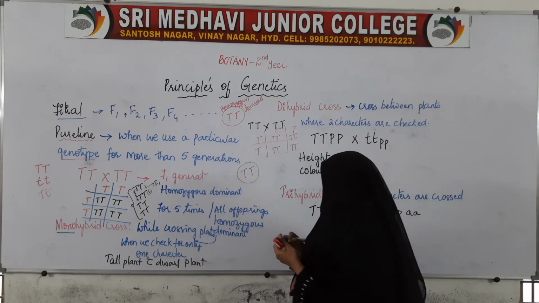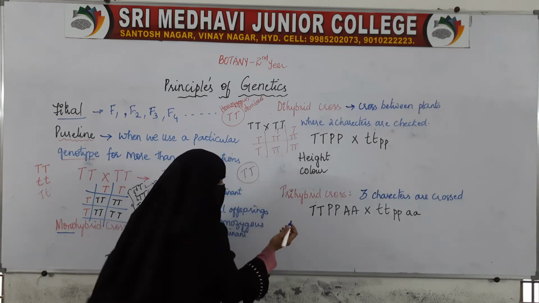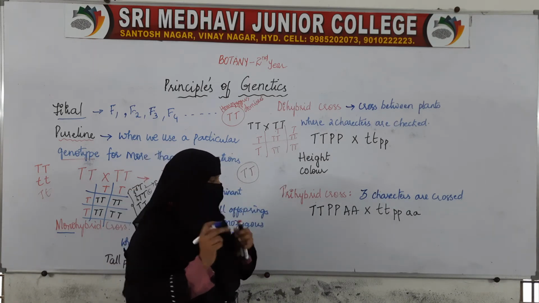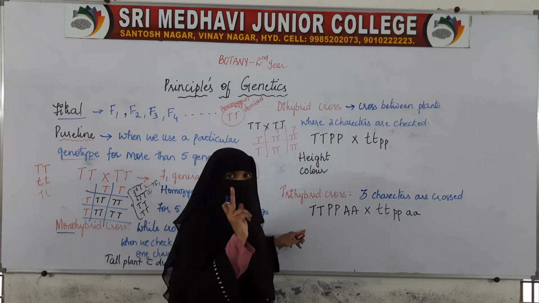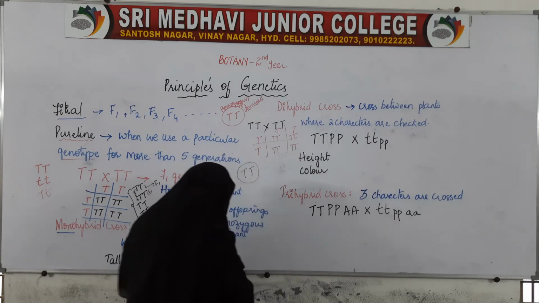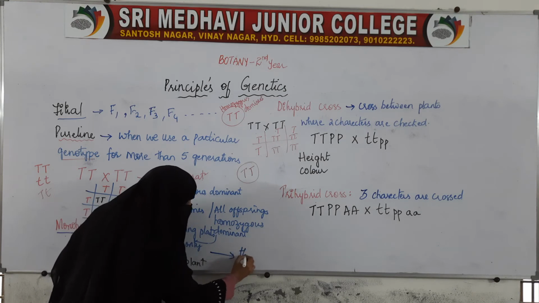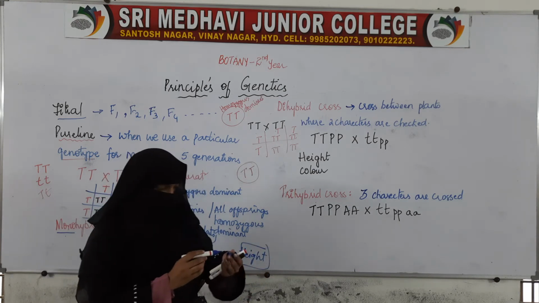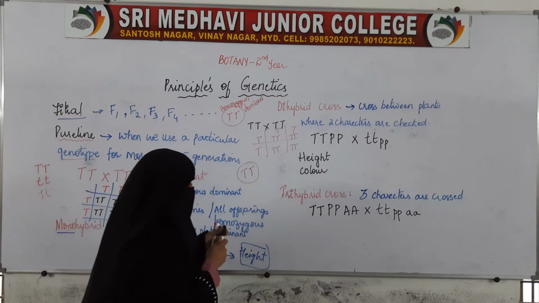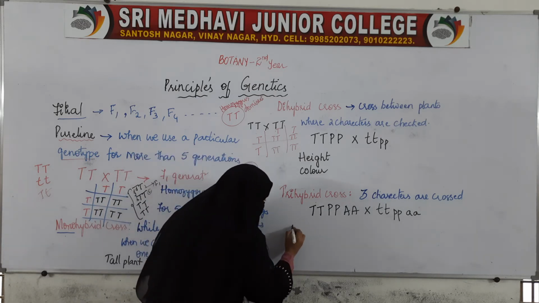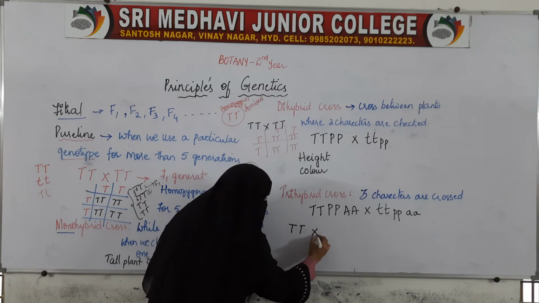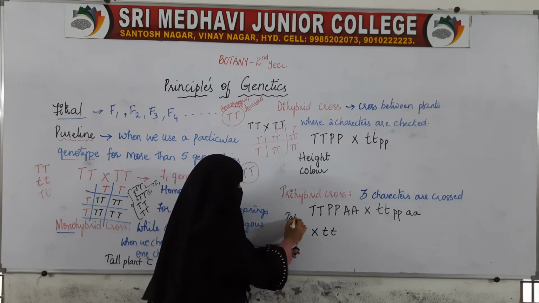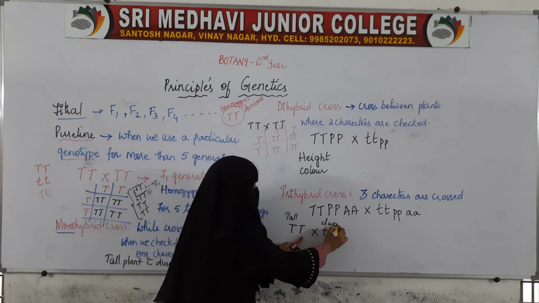So for example, if I draw here, for a monohybrid cross we are checking only one character. In a monohybrid cross we cross plants for checking only one character. The character which we are checking here is height. For height, we have both capital T, that is tall, and here small t, that is dwarf.